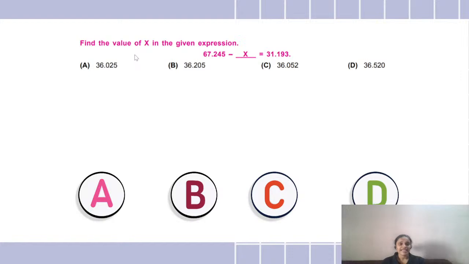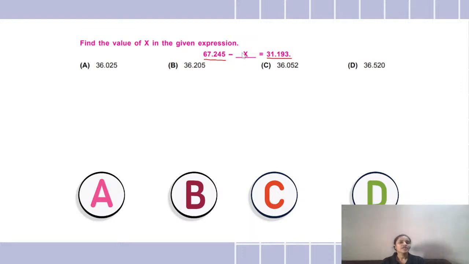The next question says, find the value of x in the given expression. So I have this number 67.245 minus x equals 31.193. So here simply the operation of subtraction is there.